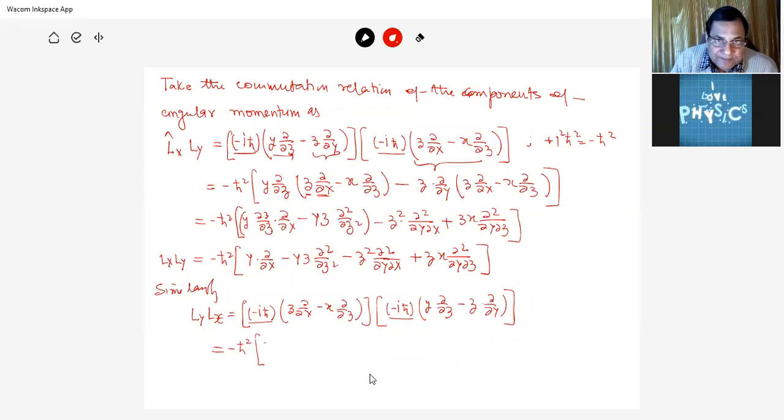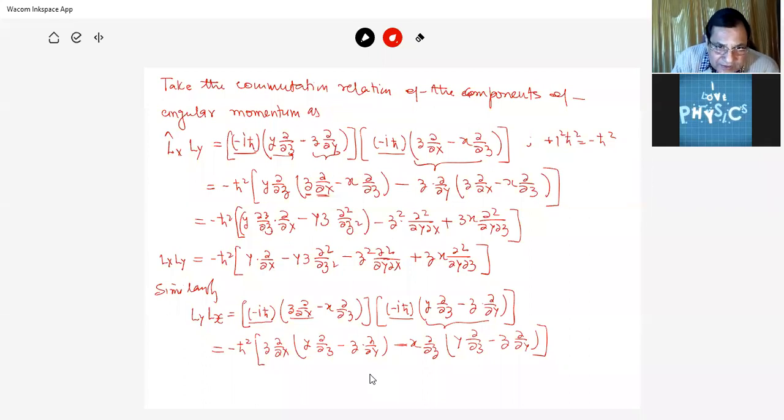And this is z ∂/∂x. This will be the differential over the whole, so this is y ∂/∂z minus z ∂/∂y, and then minus x ∂/∂z is y ∂/∂z minus z ∂/∂y.